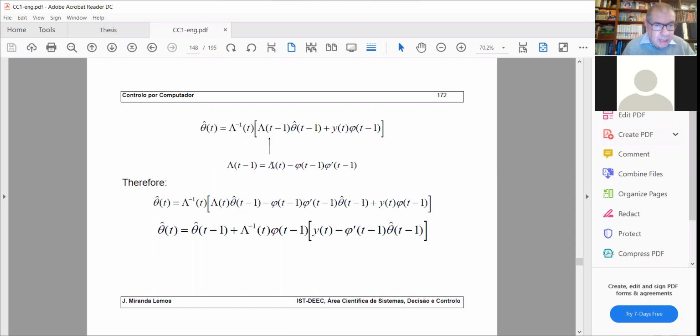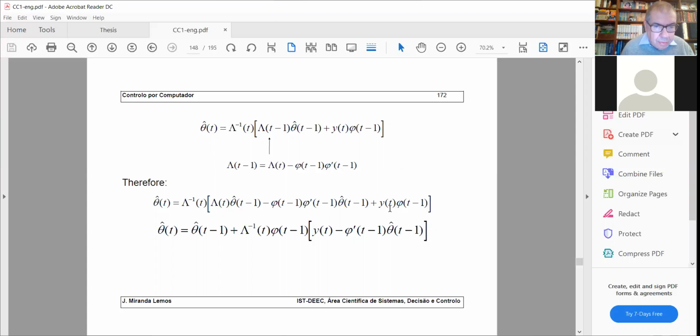So I get here lambda of t theta hat of t minus 1, and then minus phi phi transpose theta hat of t minus 1, plus y of t phi of t minus 1. Now, when you multiply by lambda inverse of t, this will cancel the first term. So you just get theta hat of t minus 1, and then lambda inverse times phi of t minus 1 times the bracket.